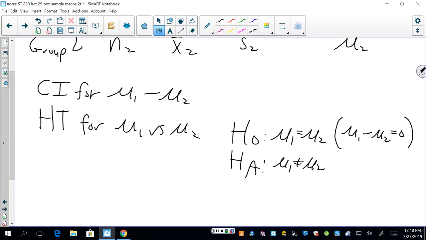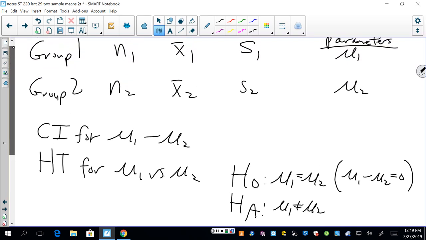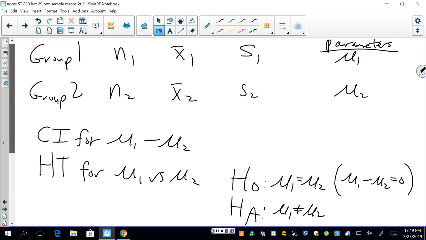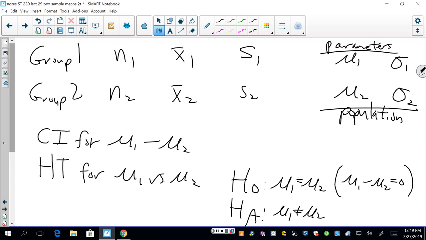The other complication is that we'll have slightly different formulas for the difference in means and then the variances. The one little wrinkle is we have two standard deviations here. These are two population values, and are they the same or not?